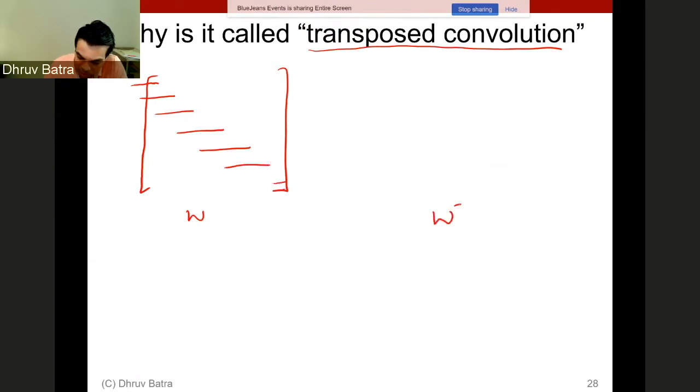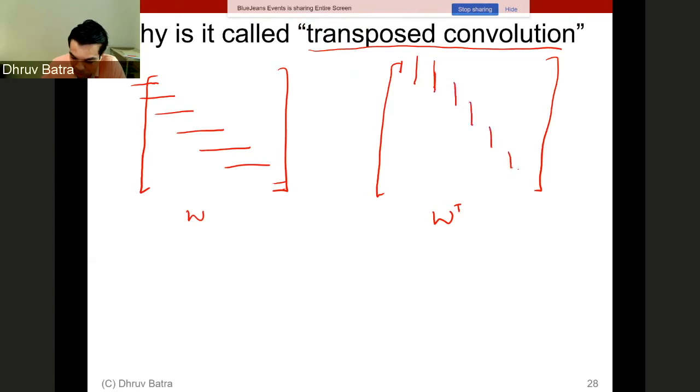If I look at what W transpose would look like, it would have one element peeking in the first column, two elements peeking in the second column, three elements peeking in the third column, and the filter would slide across the columns as opposed to the rows. It would just have a transposed structure.